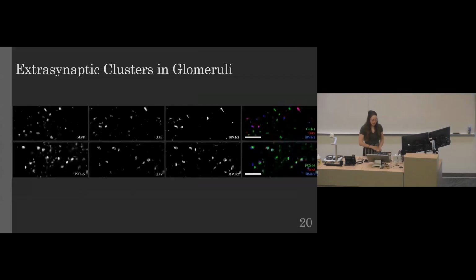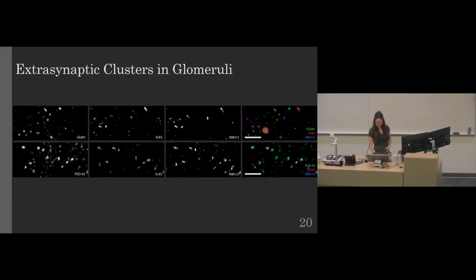With these two images, I've stained with ELKS and RIM, which should be localized to all presynaptic sites, so we should see all the synapses here. We can see that GluN1 is localized mainly away from those ELKS positive, RIM positive clusters.